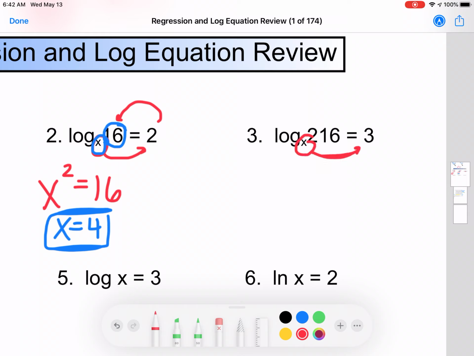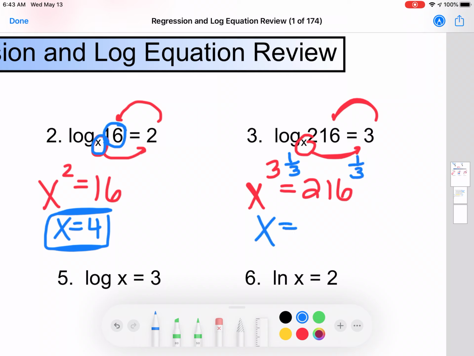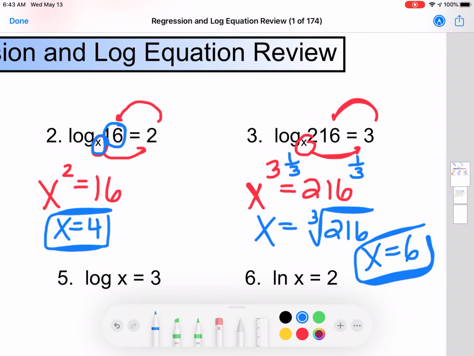Next, x to the third equals 216. Now you'll either take the cube root or you can multiply each exponent by the 1/3 power, and this essentially becomes the cube root of 216. Either way, x equals 6 after you throw that in your calculator.